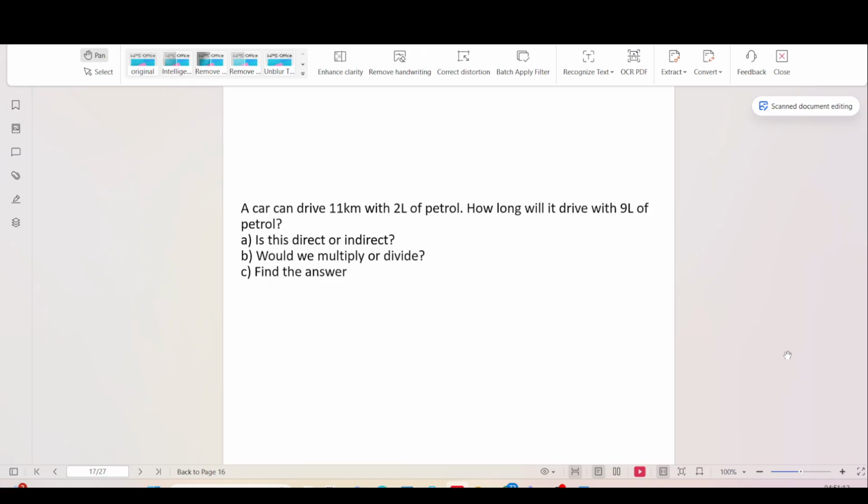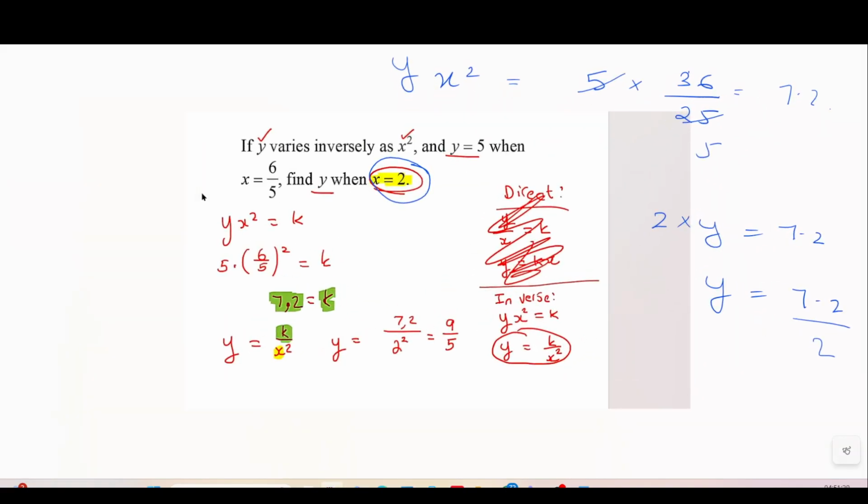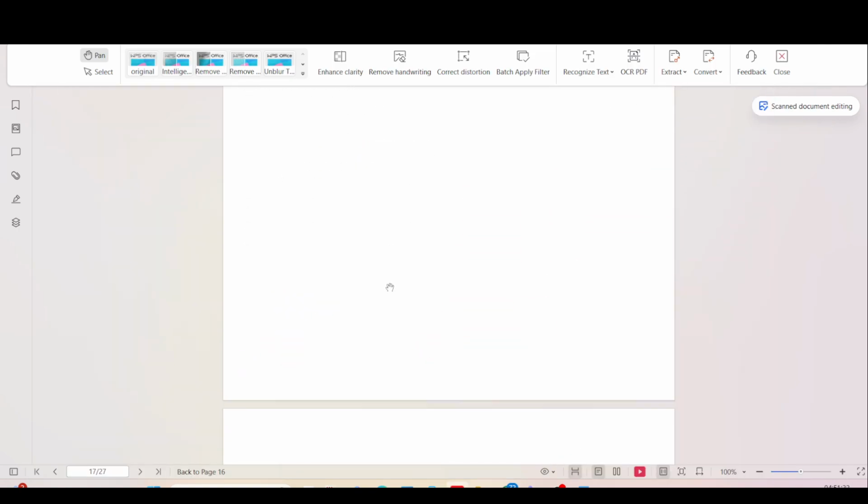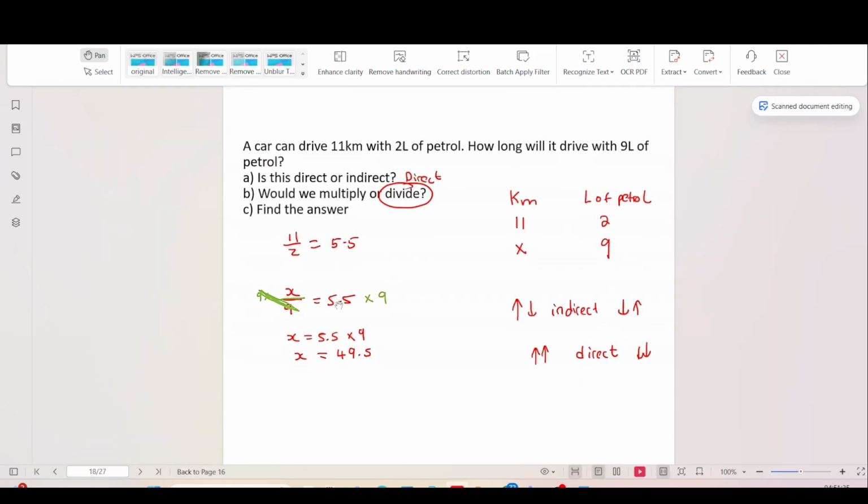Always reverse it. So then I just do 5.5 times 9, because you are doing 5.5 equals x over 9.